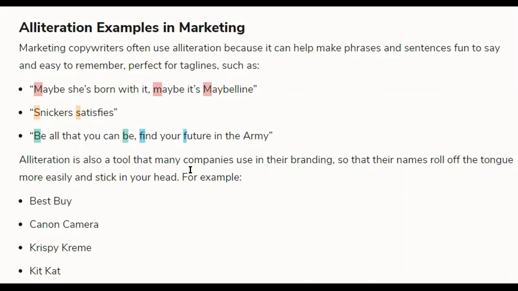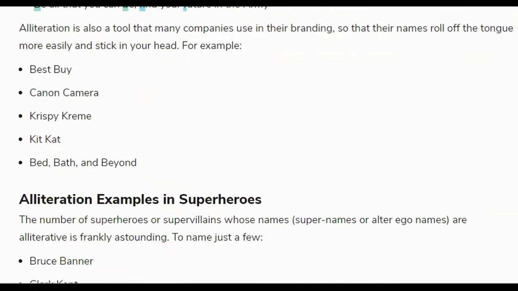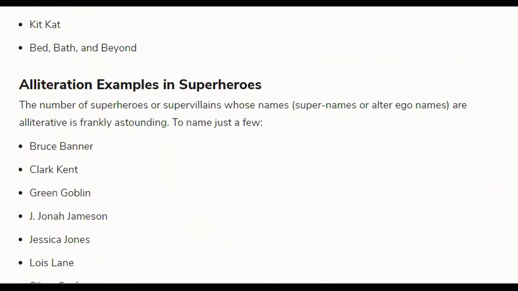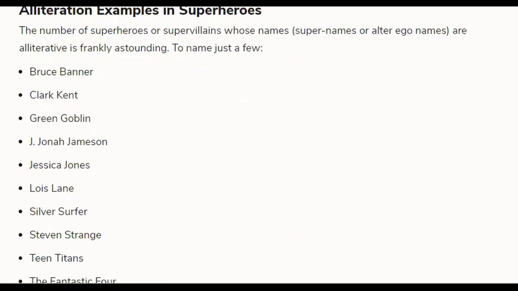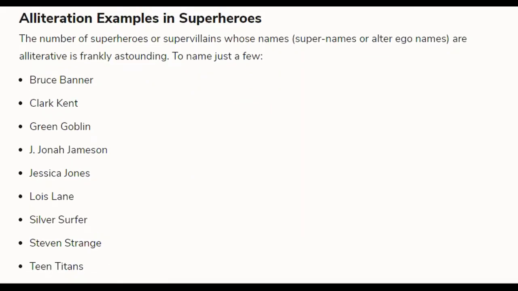So alliteration is also a tool that many companies use in their branding, so their names roll off the tongue more easily and stick in your head. For example, Best Buy, Canon camera, Krispy Kreme, Kit Kat, and there are many more examples. Bed Bath and Beyond. Alliteration examples in superheroes also.